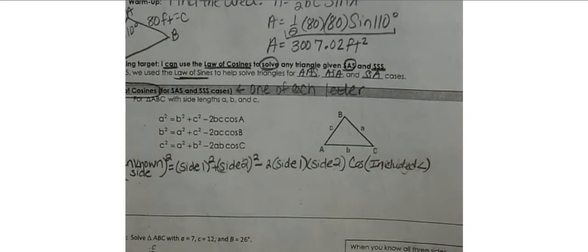This time around, you'll receive at least two sides, and you might receive an angle, or you might receive another side. And all of those are going to be different letters. So you might receive little a, little b, and angle C. Or you might receive little a, little b, and little c. Regardless, you'll end up with side, angle, side.